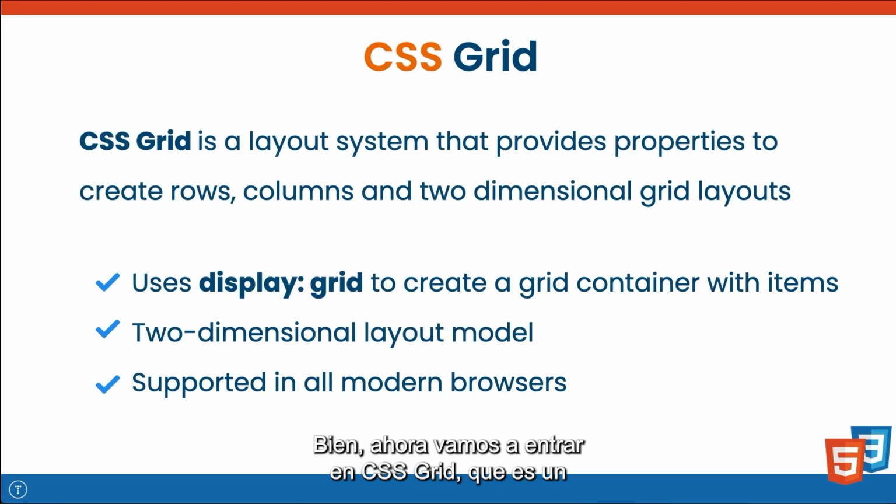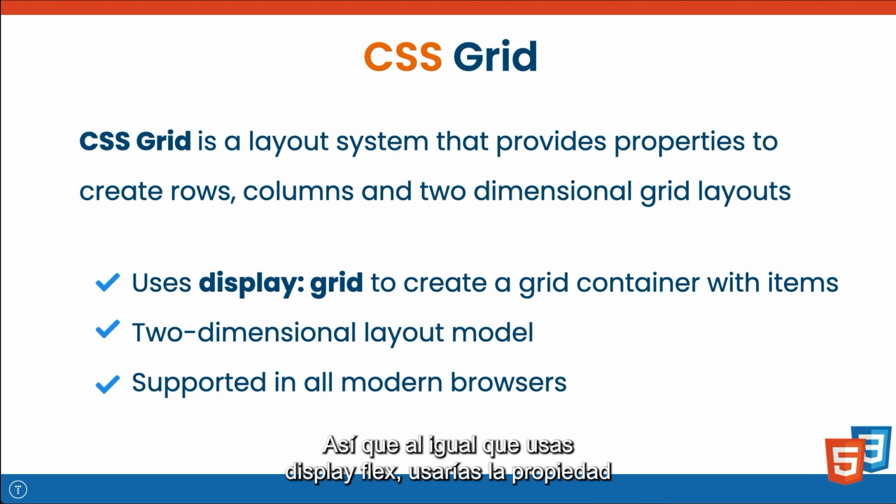Okay, so now we're going to get into CSS Grid, which is a layout system that provides properties to create rows and columns in a two-dimensional grid layout, which is a little different than Flexbox, and I'll talk about that. But the way that they're implemented is very similar.